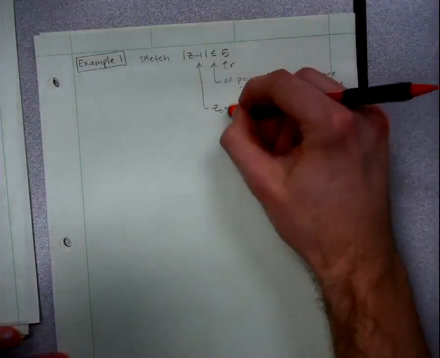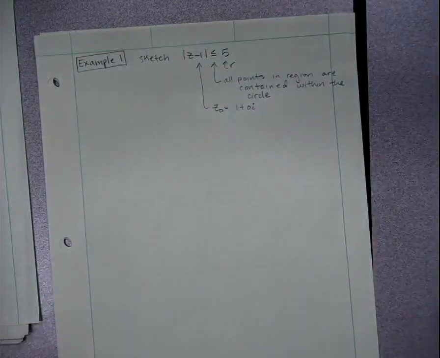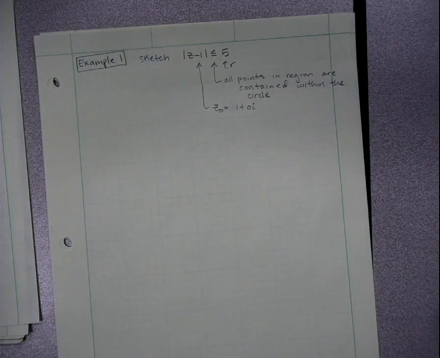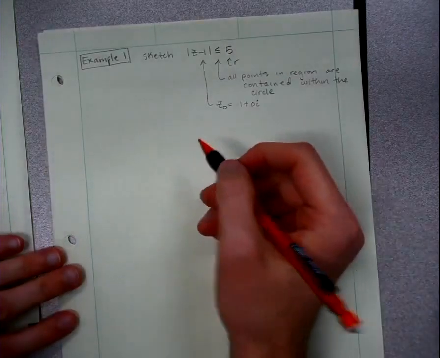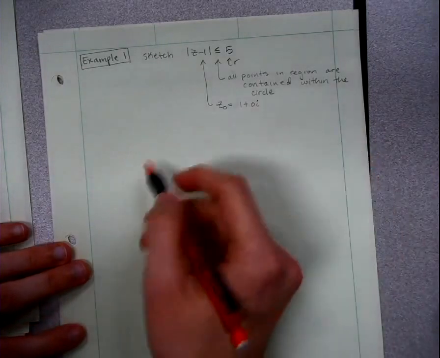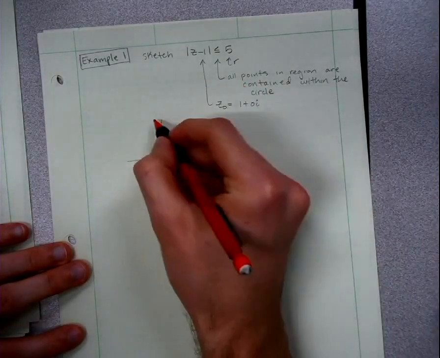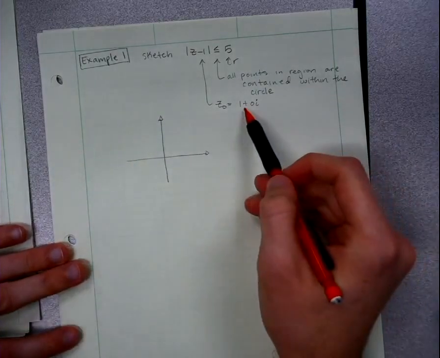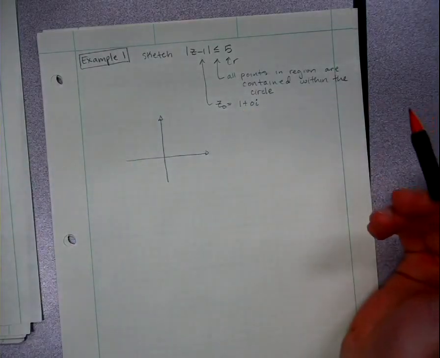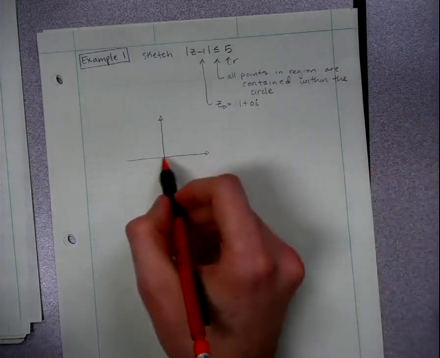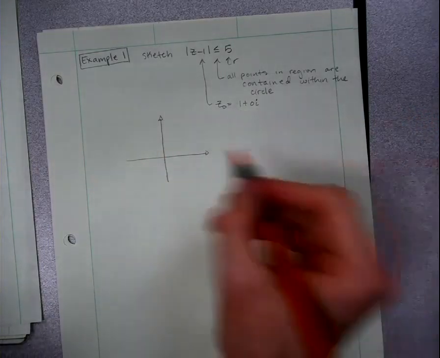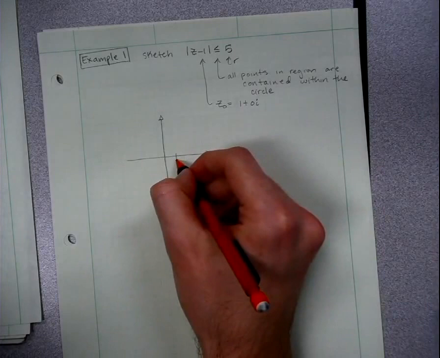So I mean it's pretty straightforward. We know the center of the circle, which is located just on the real axis at 1.